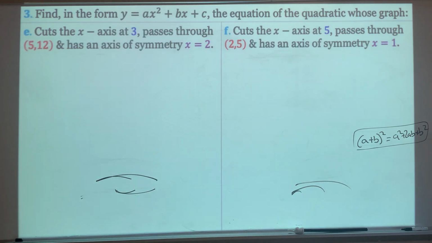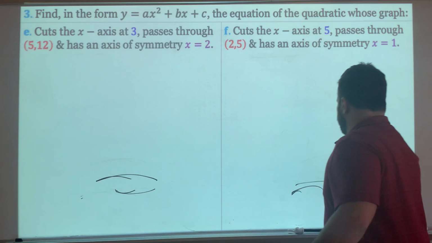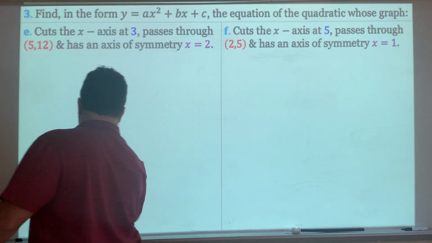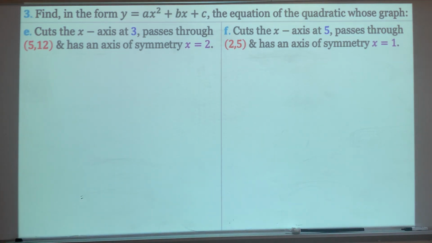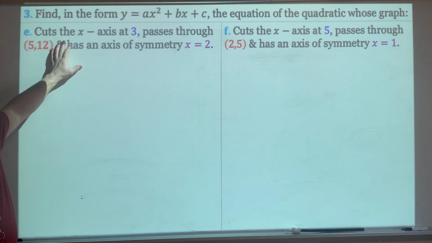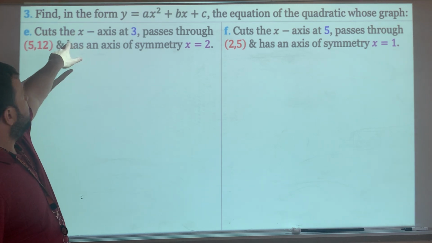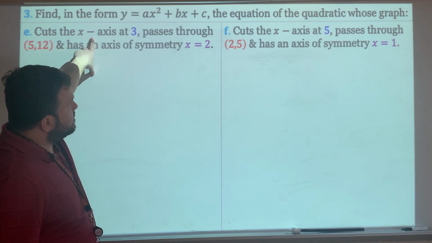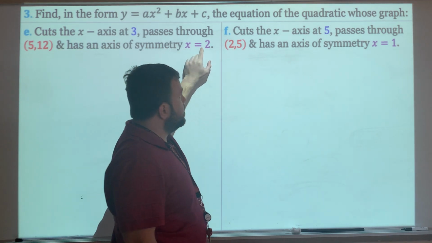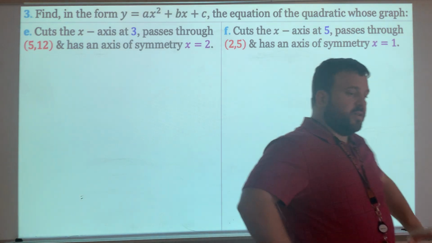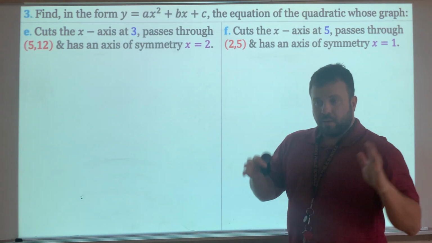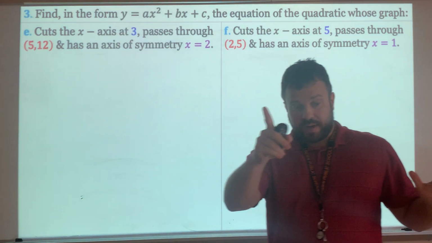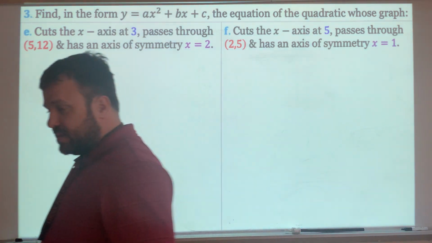And now we're doing E and F. Let's see, are E and F any different? Oh, this one cuts the x-axis, has an axis of symmetry of 2 and a point. So now we're doing something a little different. Now we have a point, one of the two x-intercepts, and the axis of symmetry.